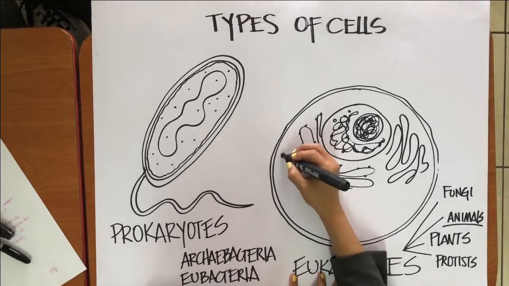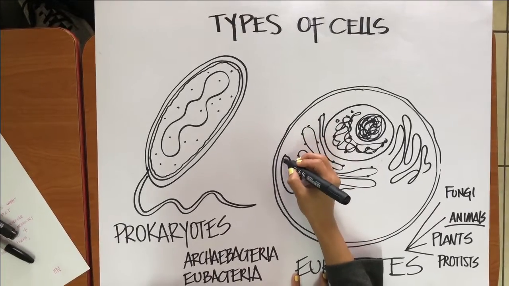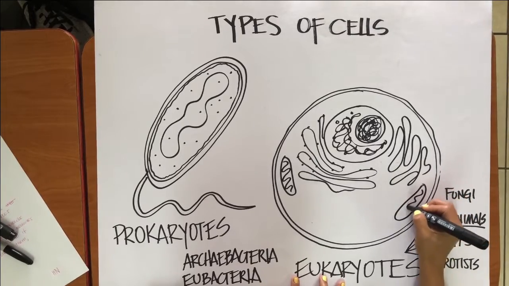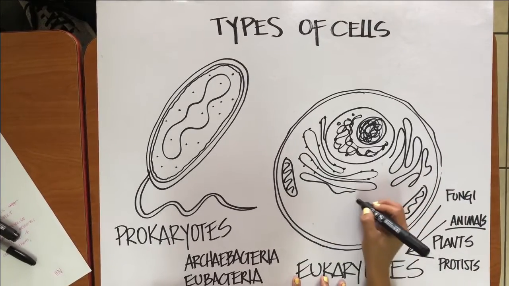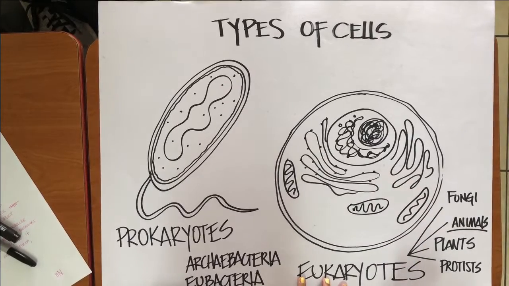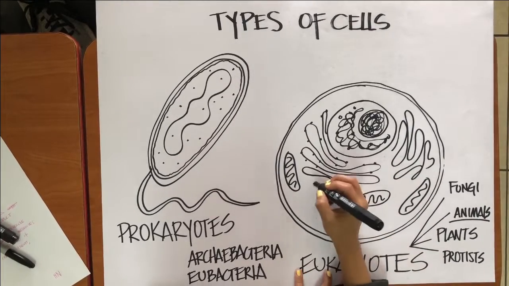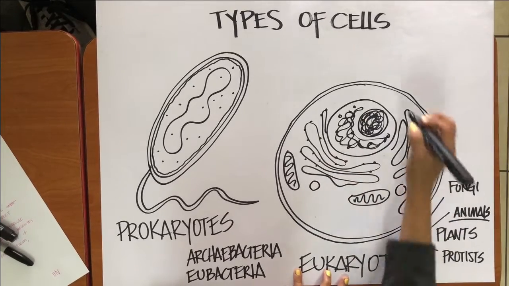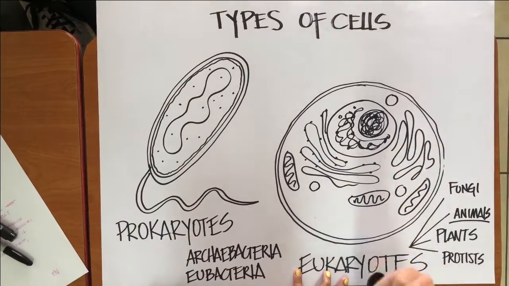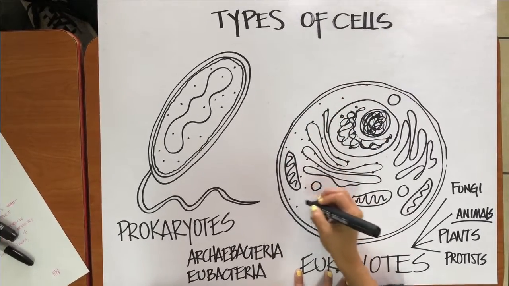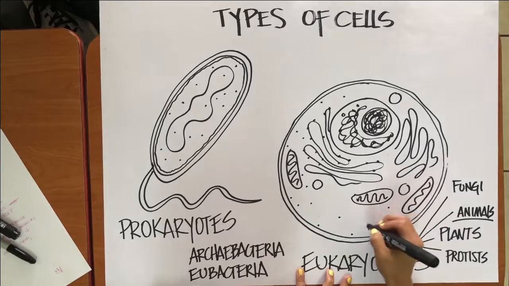We also see important structures called mitochondria, which are the ones responsible for respiration. We could also have lysosomes, which are in charge of recycling stuff inside of the cell, and ribosomes in the cytoplasm as well.